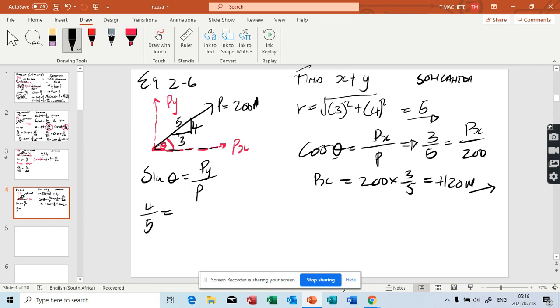So 200 times 4 is 800 over 5, and you'll get 160 newtons, and it's going up. Or you can write it as positive on the Cartesian plane. Any other question, Bafo?